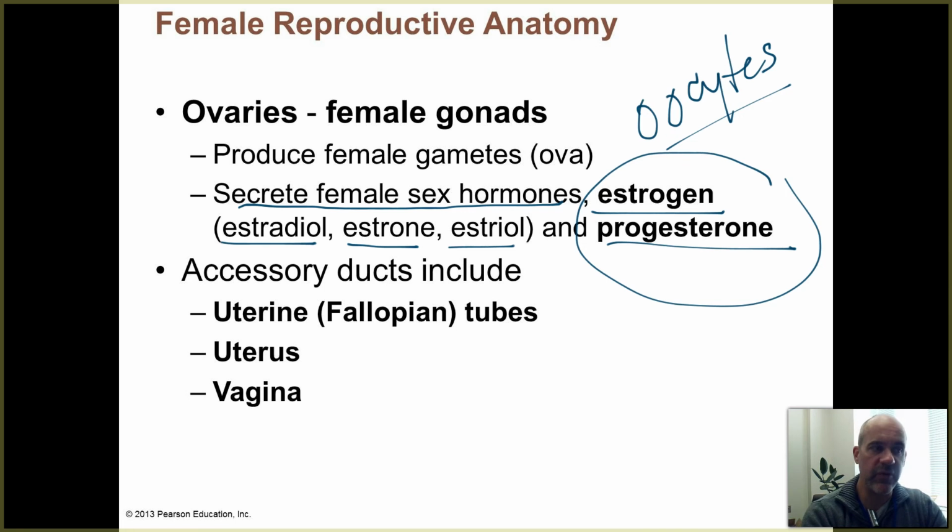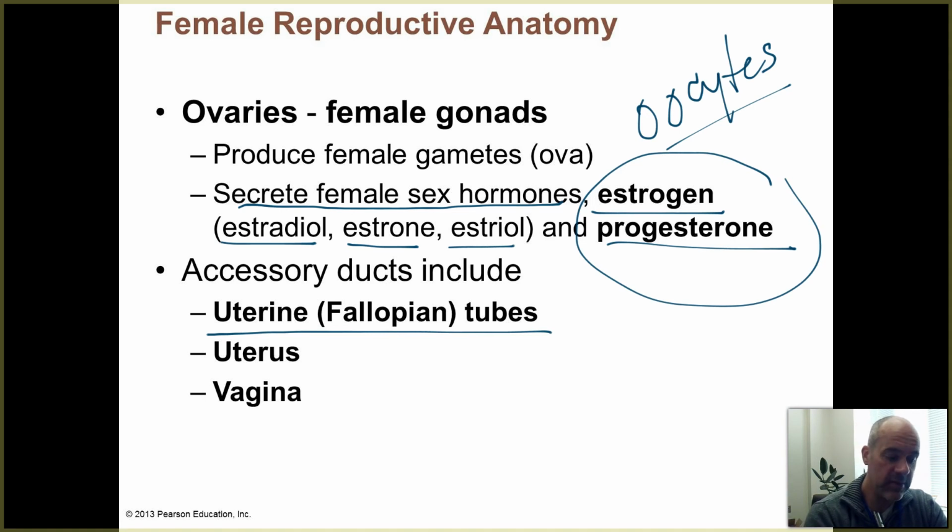The female reproductive system includes a series of ducts, and these ducts can be quite a bit larger than they are in a male. So just because we're talking about a duct, remember that's a passageway that has space on the inside. So the fallopian tubes in a female are analogous to the vas deferens tubes in a male because they extend from the ovaries toward the uterus, much like the vas deferens extends from a testis in the male towards the penis.